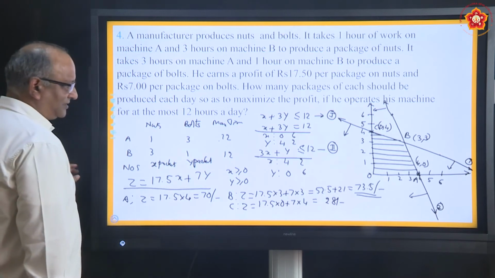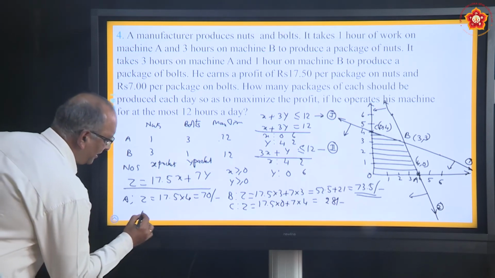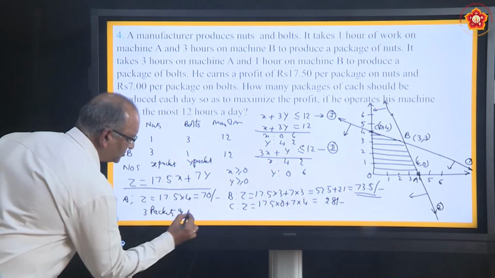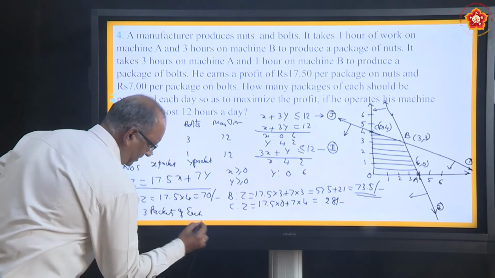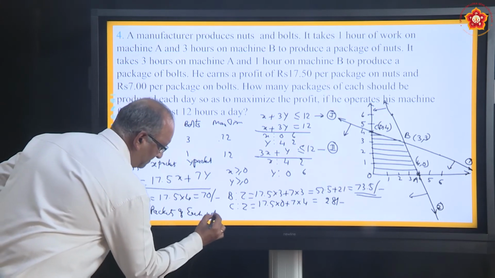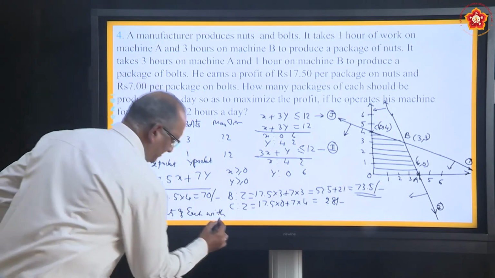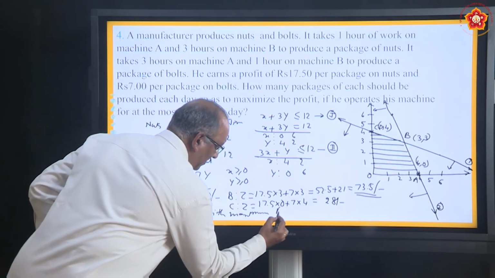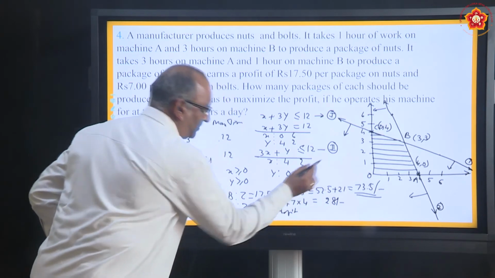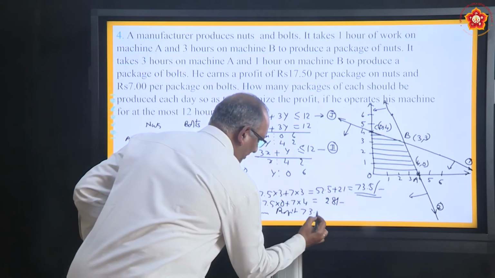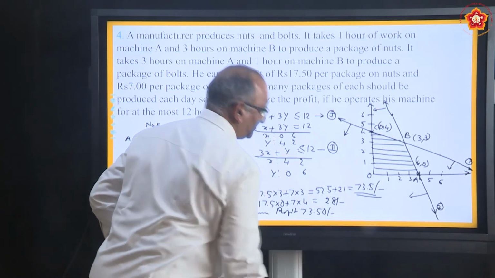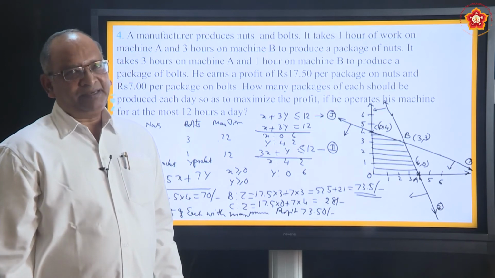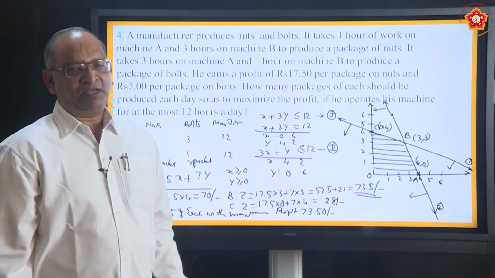So what is the final answer? 3 packets of each with maximum profit. What is the maximum profit? 73.50 rupees. So this is the procedure for attempting linear programming problems.